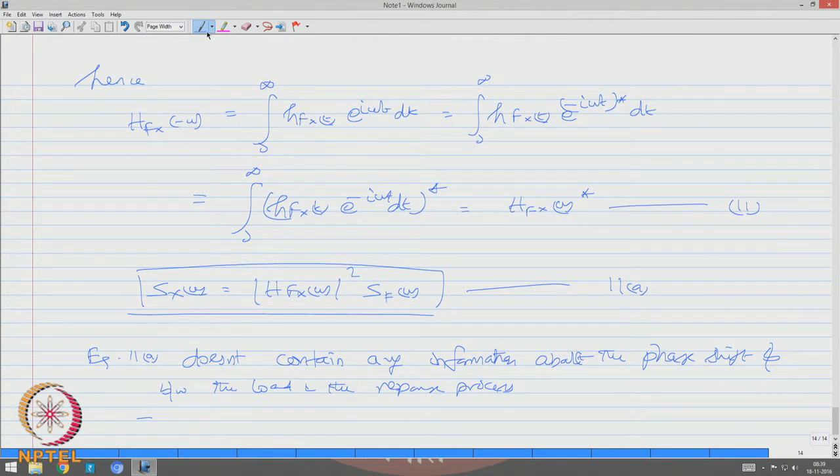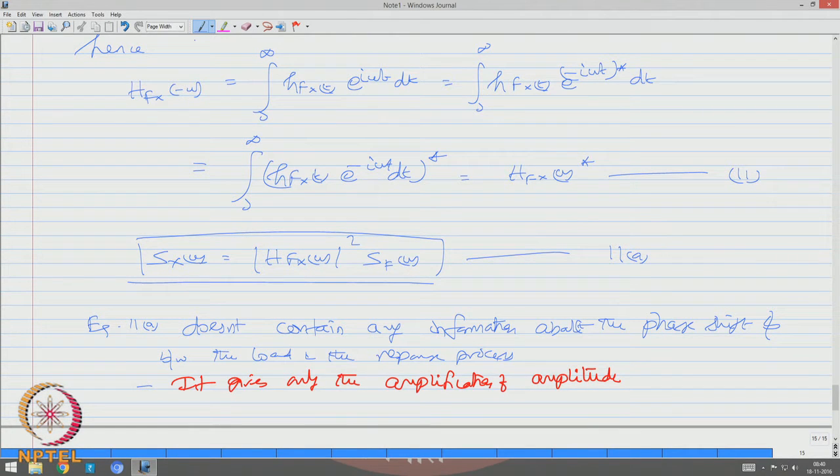It gives only the amplification of amplitude. Now, we understand that the transfer function gives information about amplification of amplitude, but no information on the phase shift.